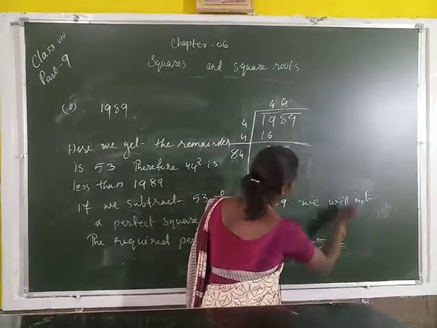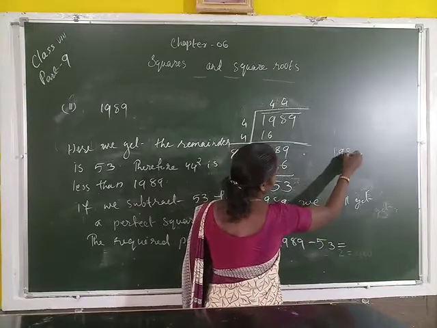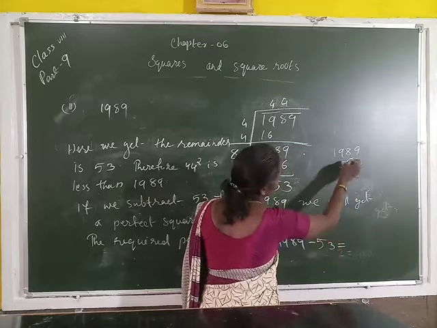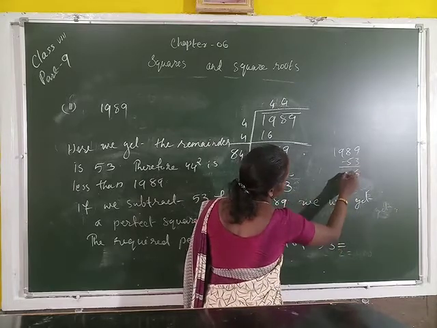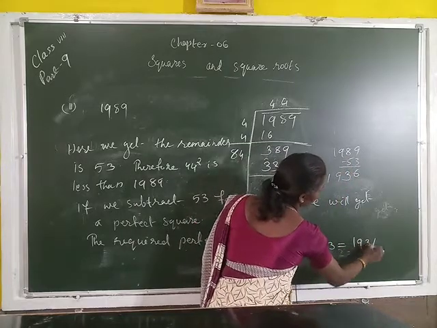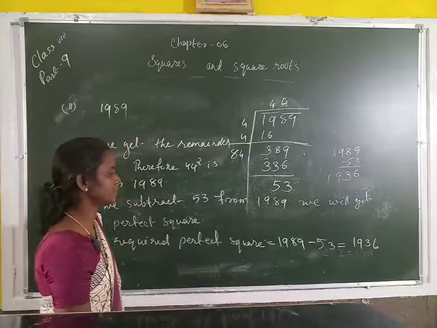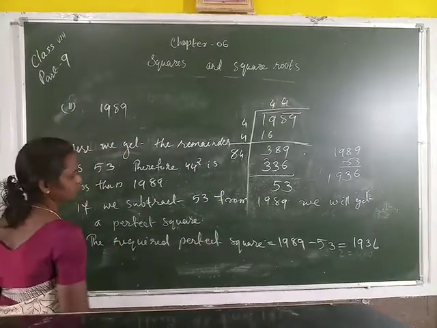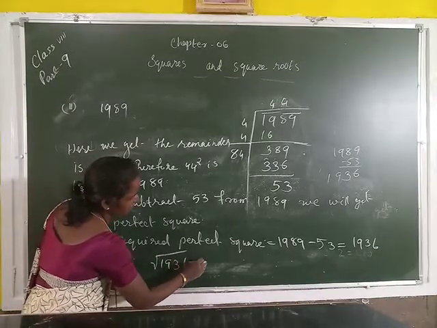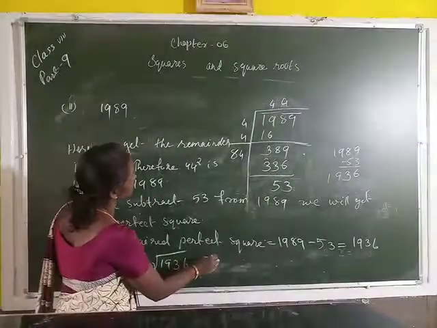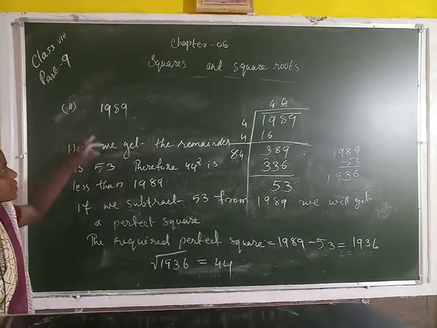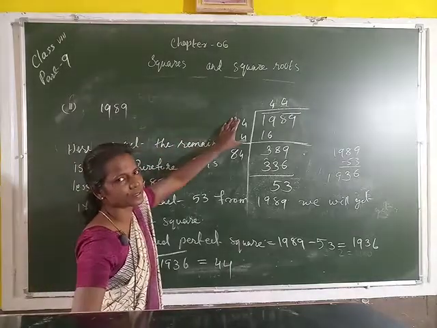That is equal to 1936. Then the root of 1936 is equal to which number? It is equal to 44. Then if a number is given, first we find the nearest square number of the given number.